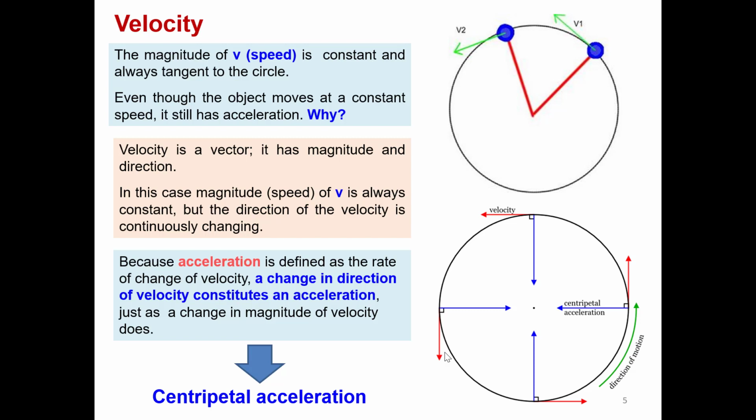It's not due to a change in the magnitude of the velocity. The acceleration due to the change in the direction of the velocity is called the centripetal acceleration, and it is centripetal because it is always pointing towards the center of the circular path.